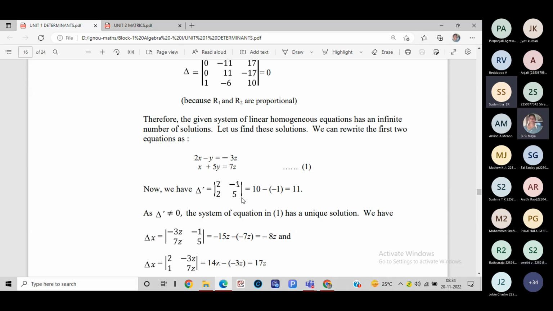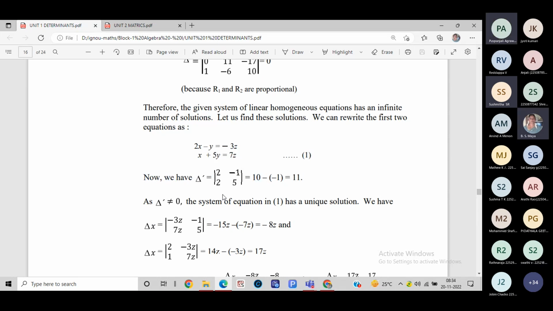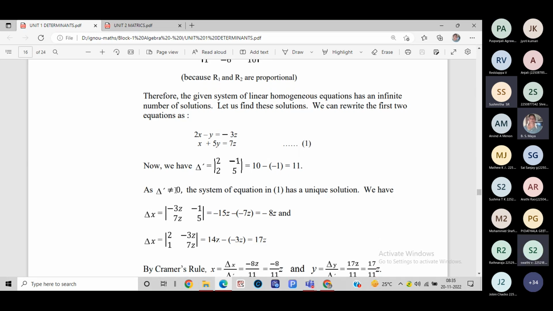He wrote the answer 11 correctly, but there is a typing mistake here. Now delta dash is not equal to 0. Whenever I get a nonzero value like 11, I will get a unique solution. The system of equations has a unique solution.